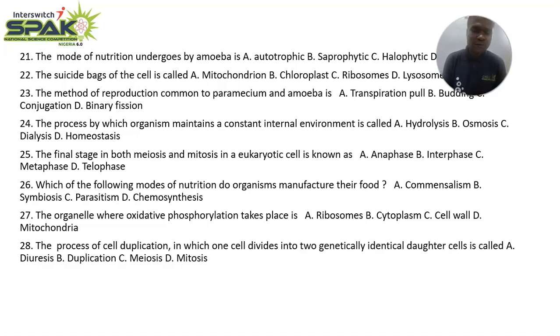And duplication is to divide into two. Meiosis is a cell division where a cell divides and gives rise to 4 daughter cells with haploid number of chromosomes. But in mitosis, the cell divides to give rise to two genetically identical daughter cells. So the correct answer is mitosis.